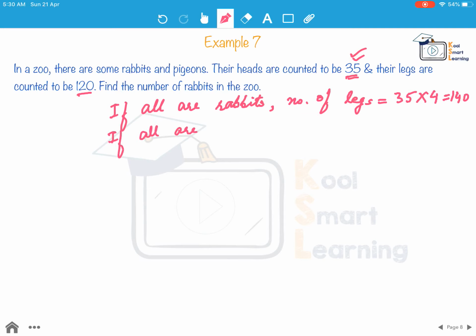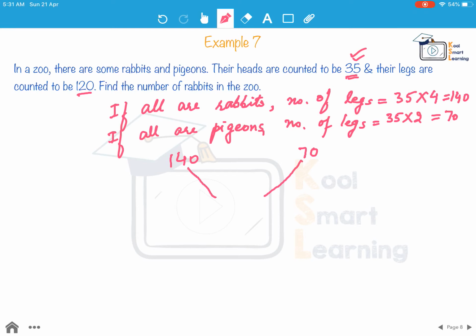But if all are pigeons, then the number of legs would have been 35 into 2, because pigeons have 2 legs, so that gives us 70. So if we have rabbits at 140, if they were all pigeons, it would have been 70, but we know that the legs count is given to be 120.